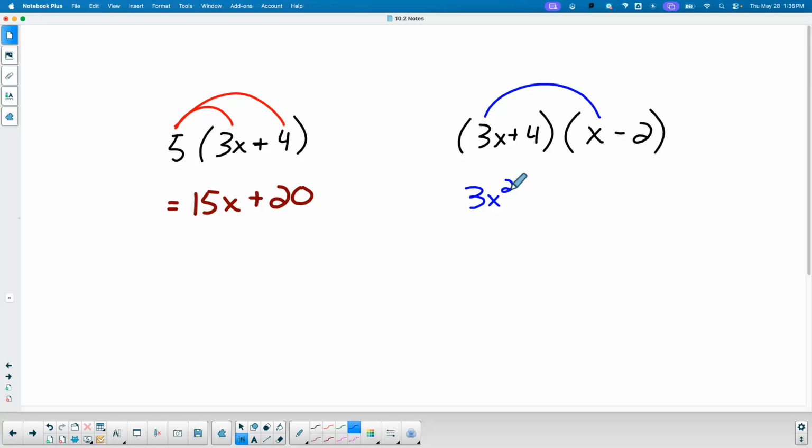Then we have to take this 3x and multiply it by this negative 2. Negative 6x. Then we have to take this positive 4 and multiply it by the x.